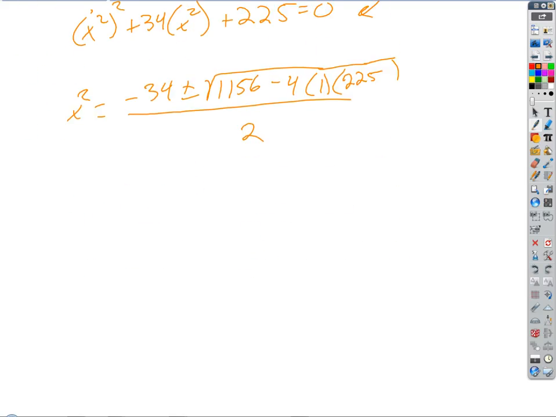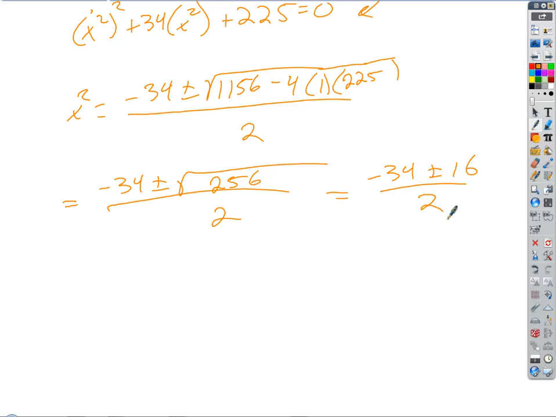And so if we kept going with that, we'd get negative 34 plus or minus the square root of 1156 minus 900. So that's just going to be 256, right? Square root of 256, which is 16. So we get negative 34 plus or minus 16 over 2. Well, what if we take the plus sign? Yeah, we'd get negative 34.